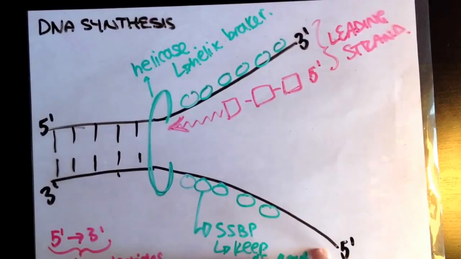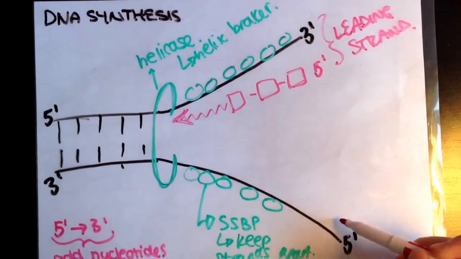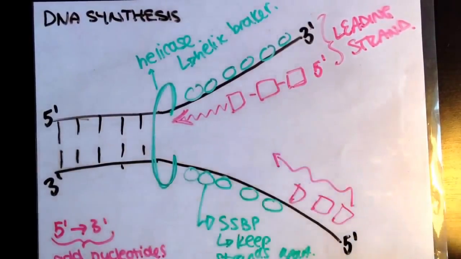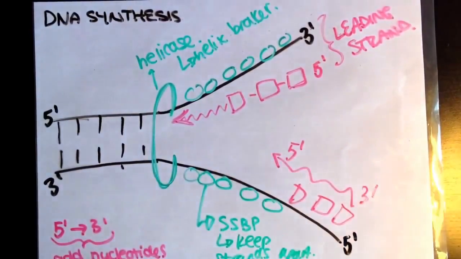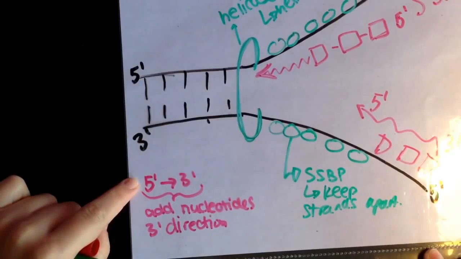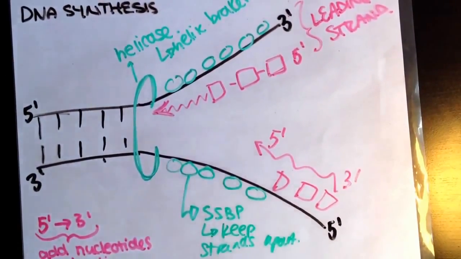So this is a 5' DNA strand. So I can't add it going this way. I can't do that because then I would be adding it from a 3' to 5' direction. And I said over here, it can only be added from a 5' to 3' direction. So that's a problem. We can't do that.